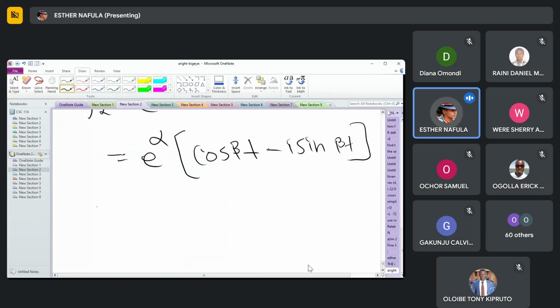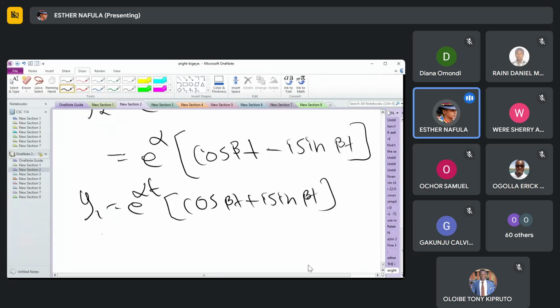You have y1 and y2. Y1 is e to the alpha t times cos beta t plus i sine beta t. Y2 is e to the alpha t times cos beta t minus i sine beta t.